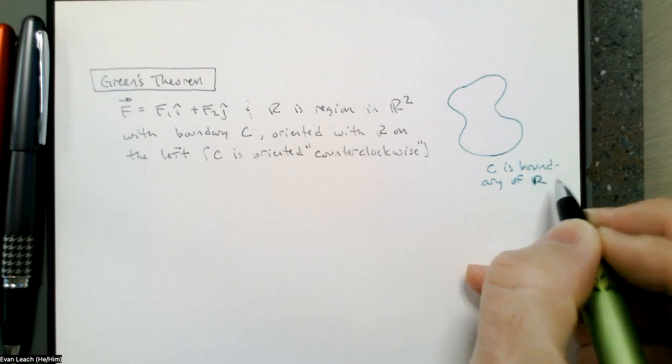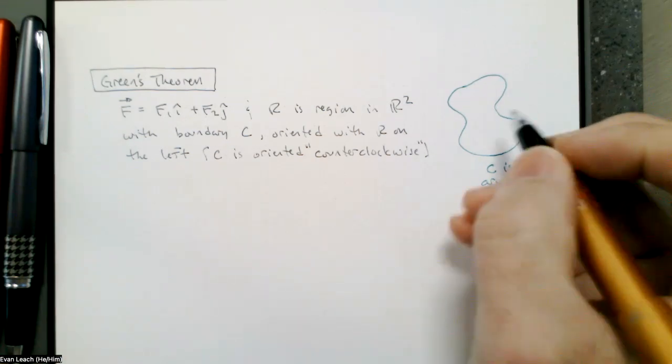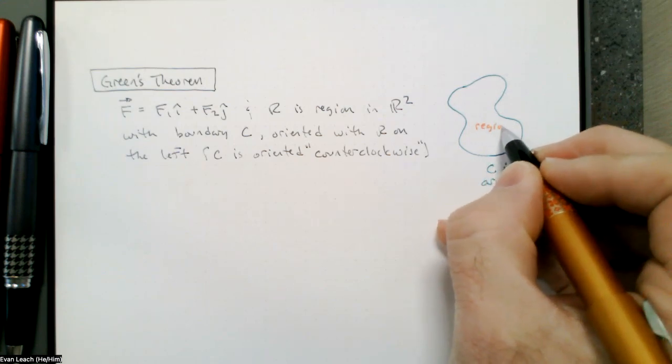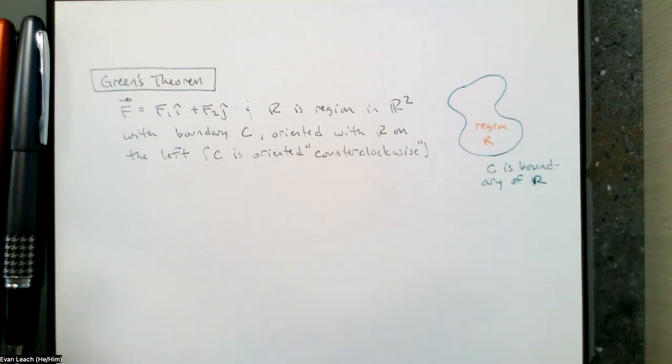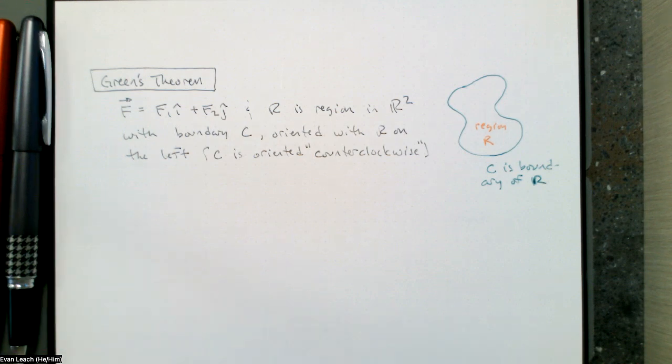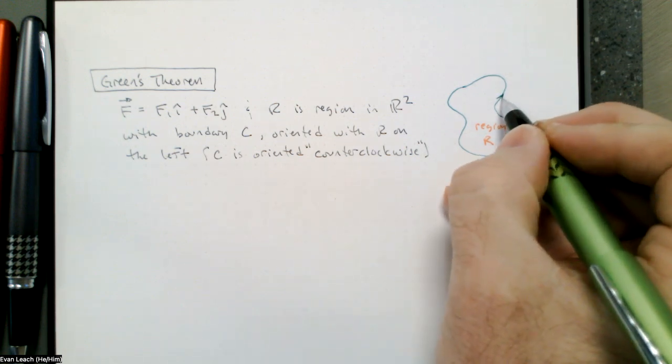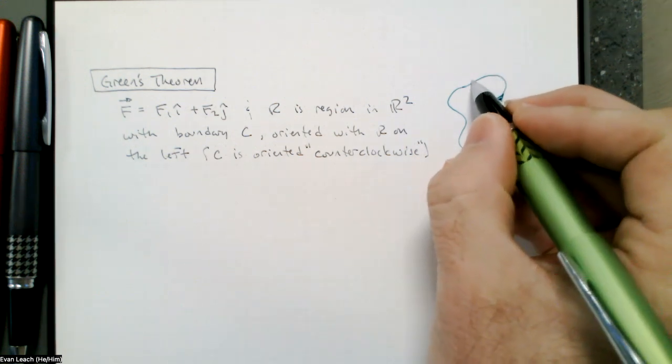Not of R, just R. And we have this region R. When we have a parameterized curve in R2 or R3, it has some orientation. We want the orientation to be roughly counterclockwise. We want, as we travel along the curve, the region to be on the left. So this would be the orientation of the region.